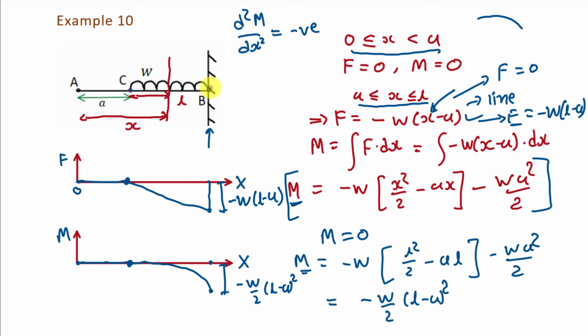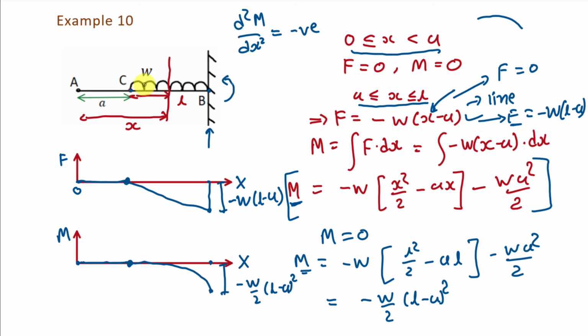We have also discussed that at the fixed end there may be 3 support reactions. One is in vertical direction, one is in horizontal direction, and there is also a reactive moment like this. Now here there is no any horizontal force acting on the beam, so there will be no any horizontal reaction at this point.